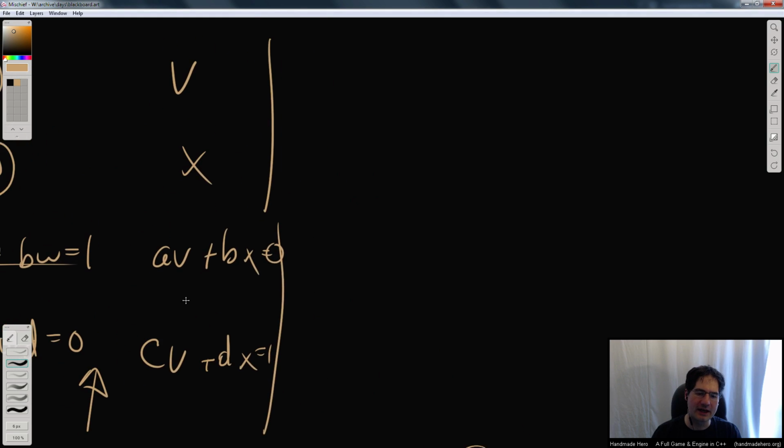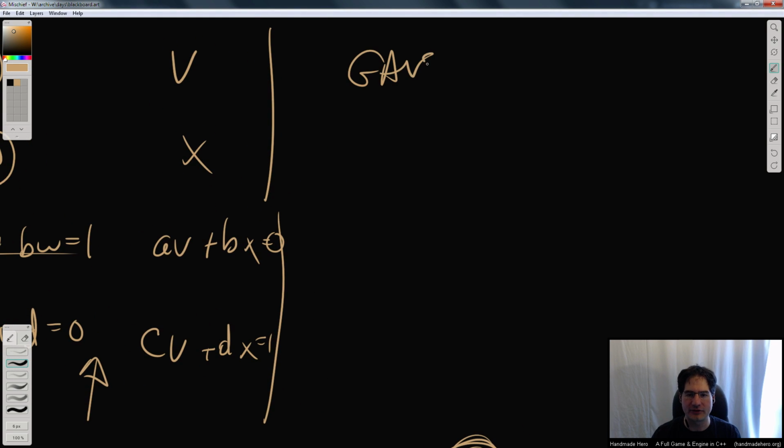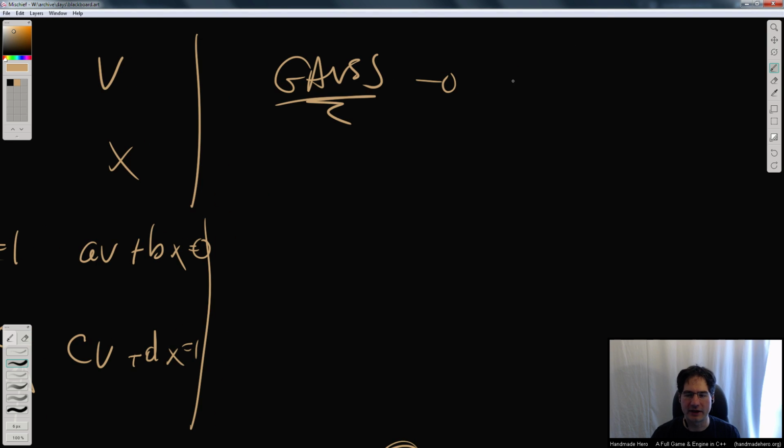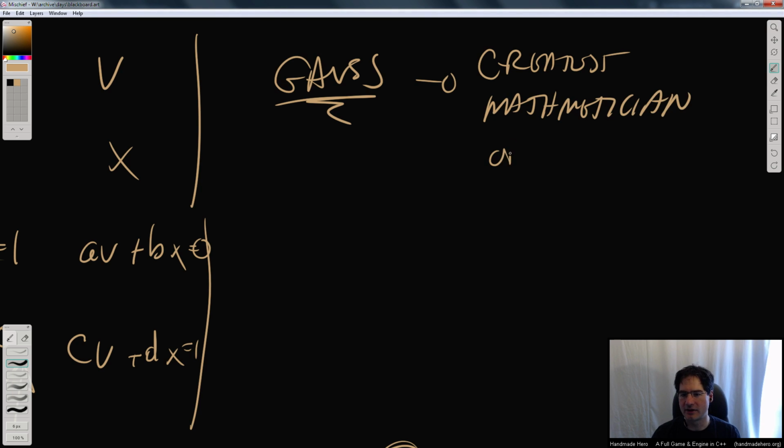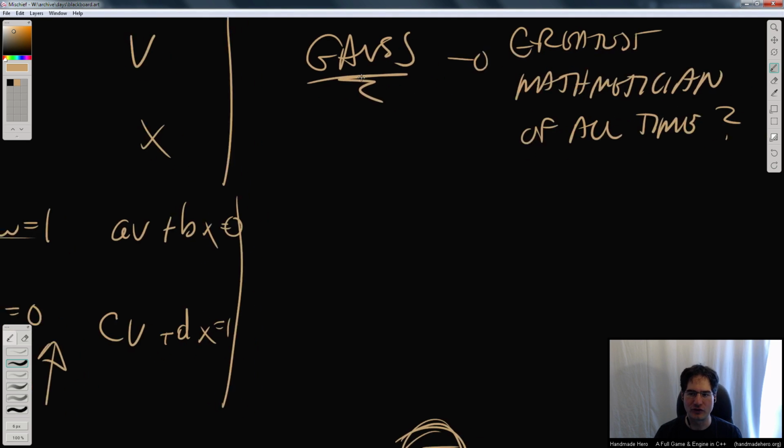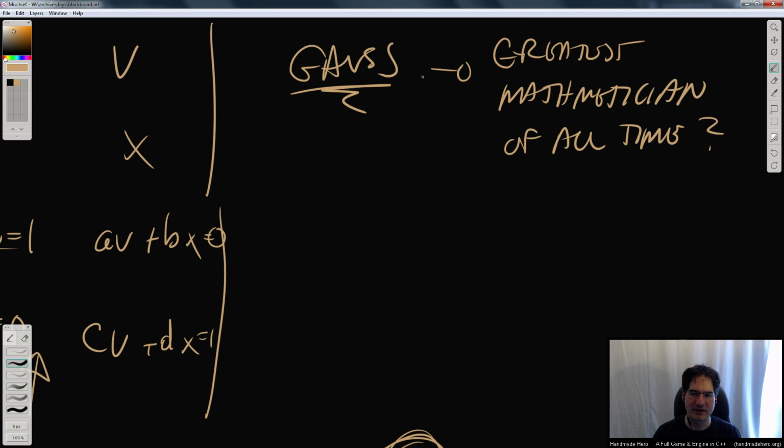But fortunately, I feel like that is where Gauss steps in. And Gauss is arguably the greatest mathematician of all time. I don't know if pseudonym 73 wants to step in here and comment on that, but just in terms of sheer quantity of stuff that the dude figured out by himself, I feel like he's probably that guy.